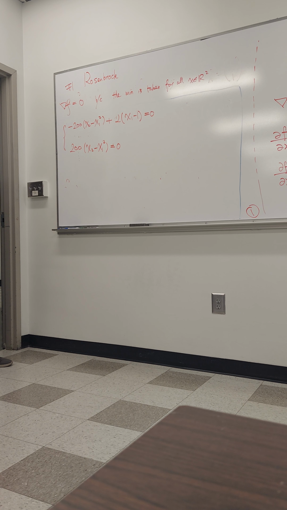So this is a counterexample: y equals the absolute value of x. This point is a local minimum, since it's lower than its neighbors. However, this point doesn't satisfy the first order necessary condition, because f is not differentiable at this point. If we take the derivative from this direction, it is -1.